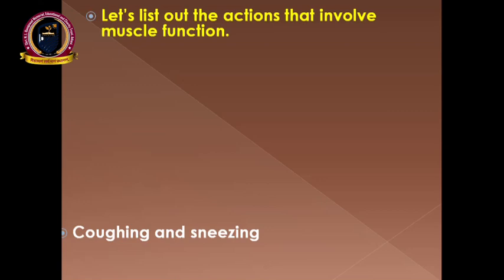We see that our lungs contract quickly and expel the air out, and that's also with the help of muscles, the muscles attached to the ribs as well as the diaphragm. And even in sneezing, muscles help us to blow out the things entering into the nose.